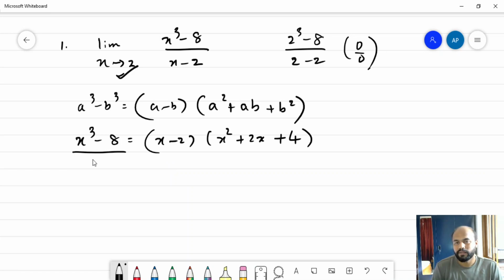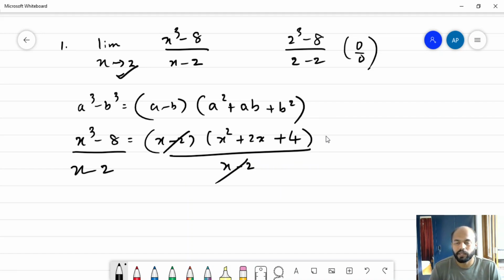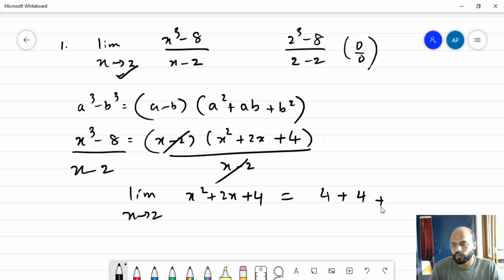So this divided by x minus 2 is going to be just the numerator part, that is x squared plus 2x plus 4, because the x minus 2 factors cancel out. So limit x tending to 2, x squared plus 2x plus 4, put 2 square, that's 4, then again this is 4, and again the 4. So what we get is 12. The answer to this limit is 12.